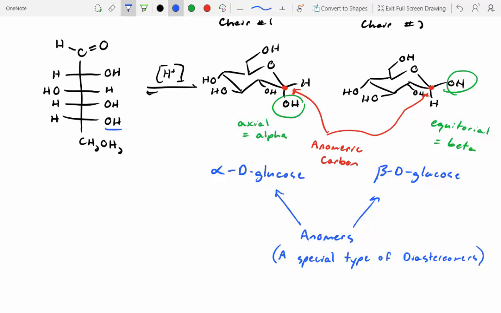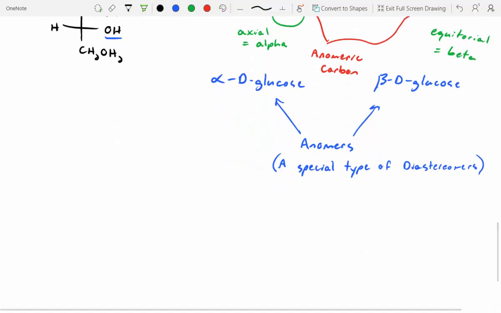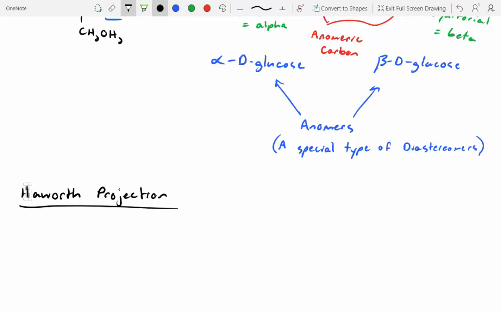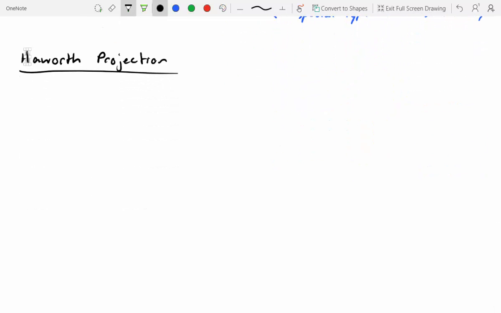Another way that you're probably familiar with in your biochemistry class is by drawing a Haworth projection. So what we're going to do is compare one of these chair conformations to the Haworth projection.